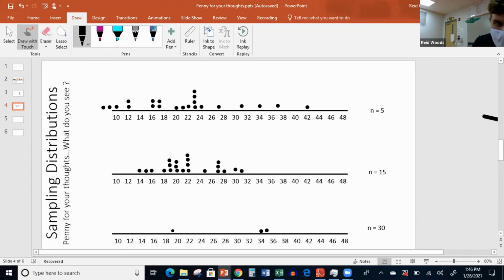Madison? 19 and 22. Okay. 19 and 18. Henry? 21, 23. Morgan? 20 and 22. Okay. Alexia? 20 and 25.